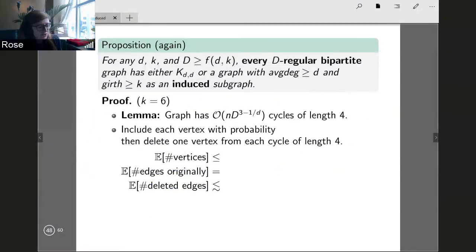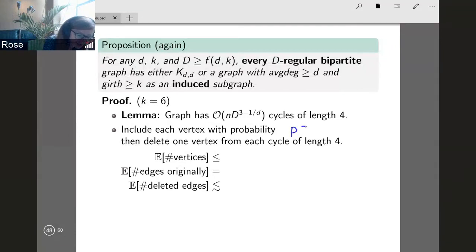Okay, good, that proves it. Given this lemma, the same proof as before works. You include each vertex independently at random with a particular probability, which is pretty typical. I'm fixing epsilon to be something sufficiently small and including each vertex independently at random with this probability, and then deleting one vertex from each cycle of length 4. The number of vertices, maybe I've deleted some, but it's certainly at most 2pn.